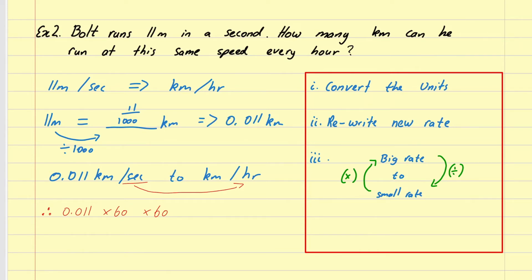Now when we times it by the first 60, we just converted it to minutes. When we multiply by the second 60, that's when we got it to hours. So our final answer is going to be 39.6 kilometers per hour.